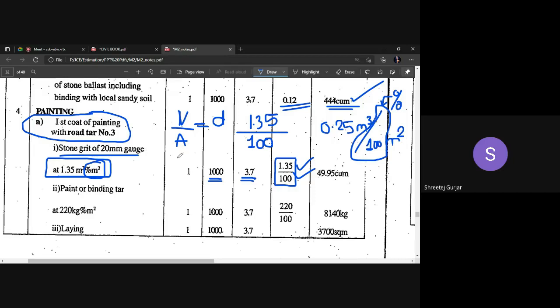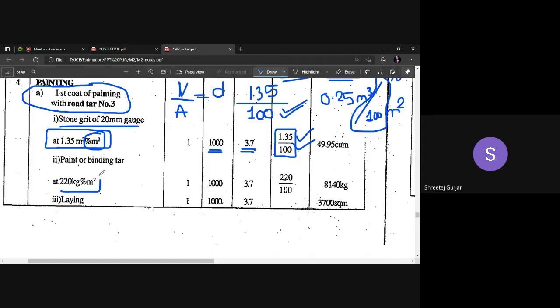If you see this percentage symbol, you have to take 100. Remember, if you see a percentage symbol, it is nothing but per 100 meter square. Similarly, you can see over here 220 kg percentage meter square. So it is nothing but 220 divided by 100. That will give you your depth.